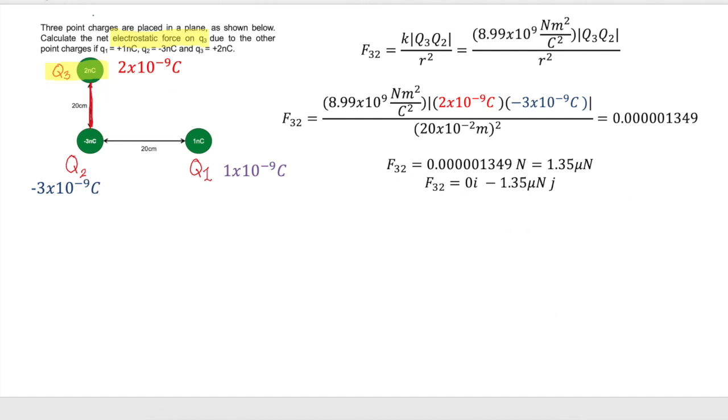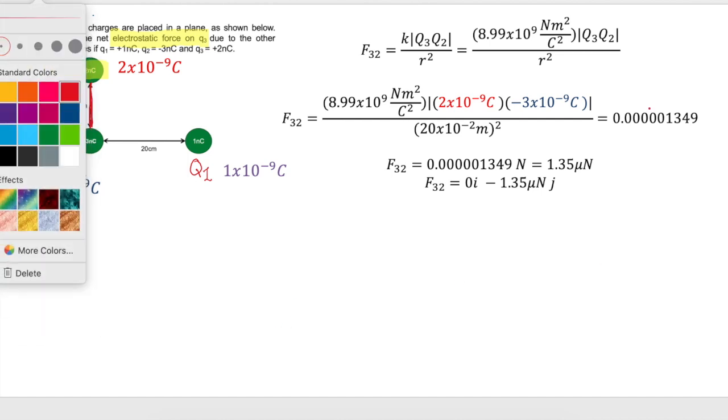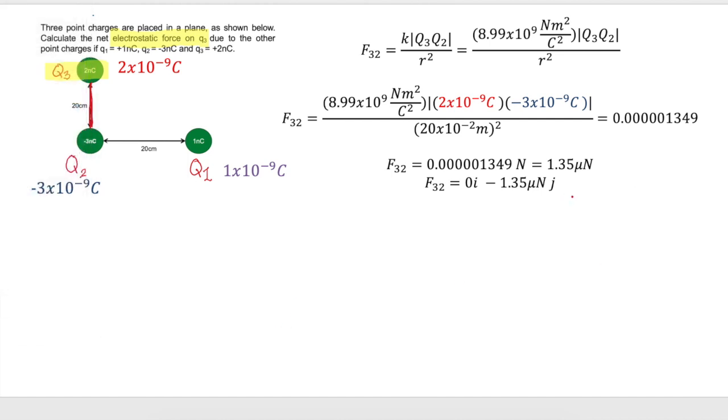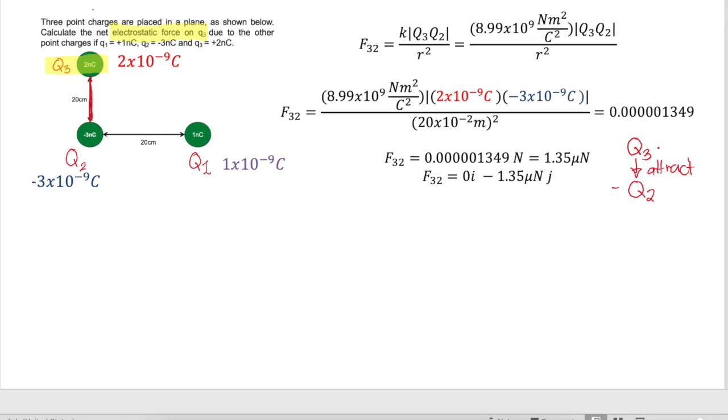I hope you still remember that we can write that into its component form. How did I know that that is its component form? I didn't use cosine and sine there. I just think about it this way. This is Q3 and this is Q2. Since this is the relationship between Q3 and Q2, what will be the force felt by Q3?